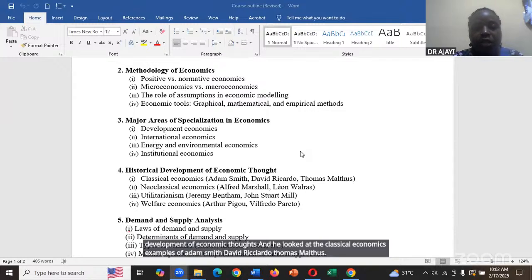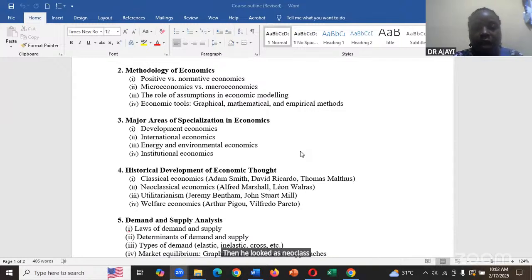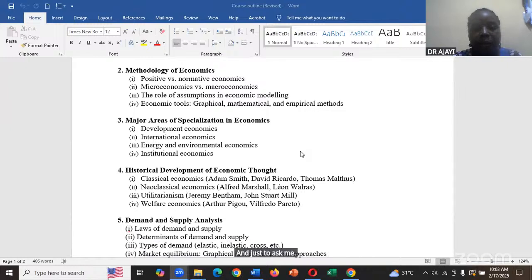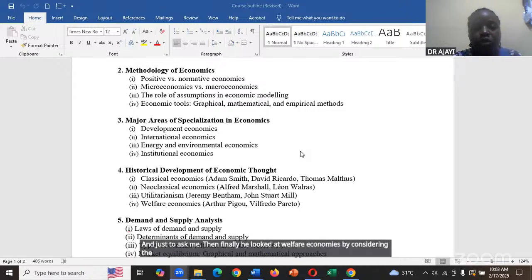Then he looked at neoclassical economics, Alfred Marshall, Leon Walras. Then he looked at utilitarianism, and key under that is Jeremy Bentham and John Stuart Mill. Then finally, he looked at welfare economics by considering the contributions of Arthur Pigou and Vilfredo Pareto.